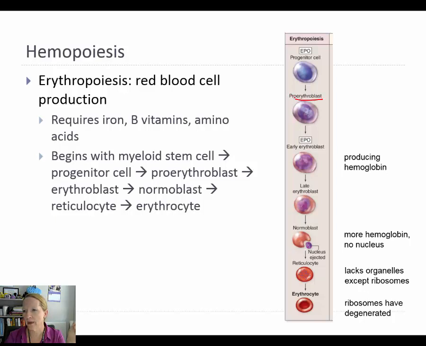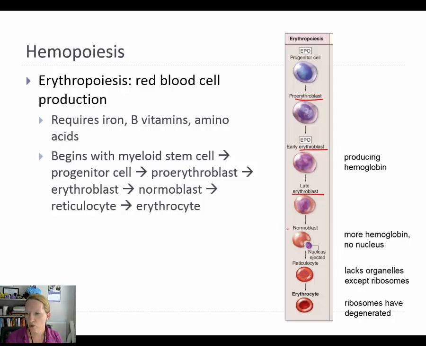I wouldn't worry so much about pro-erythroblast, early and late erythroblast, but you're going to have these various stages of an erythroblast. What's happening here is that you have amino acids, you have this nice nucleus in here. It is producing a ton of hemoglobin. That's its main function, spitting out as much hemoglobin as possible.